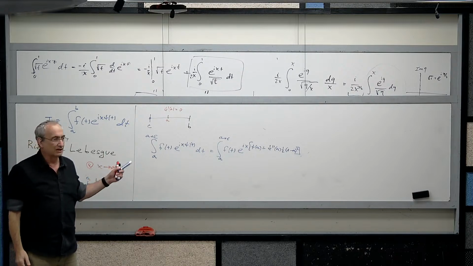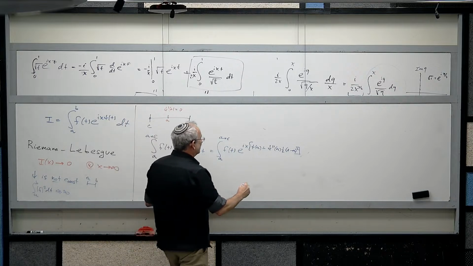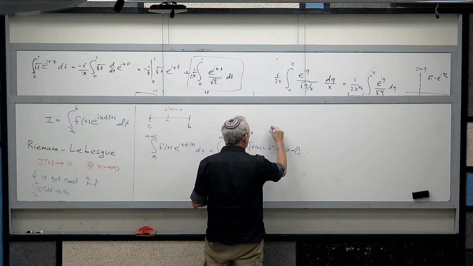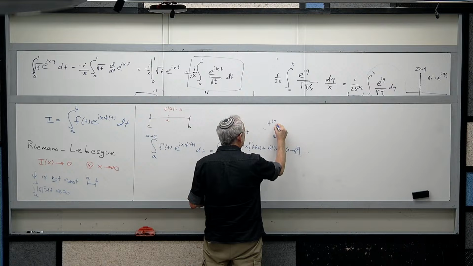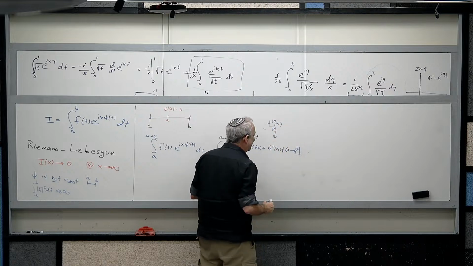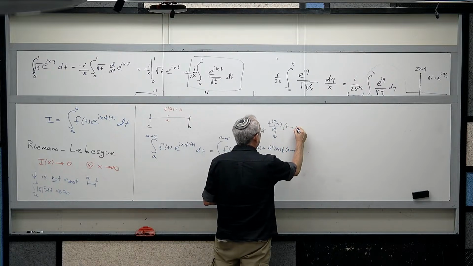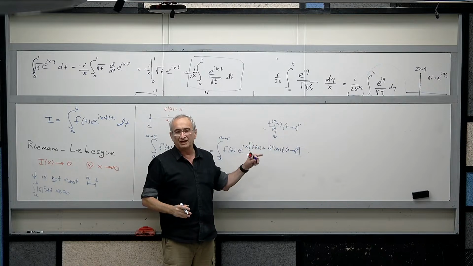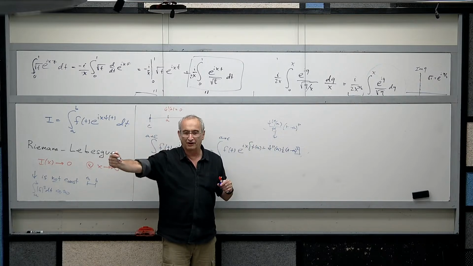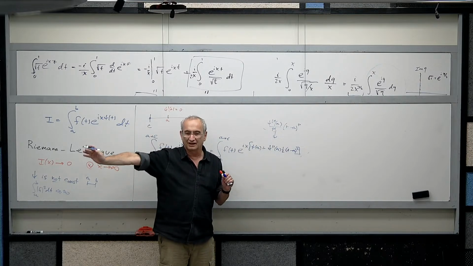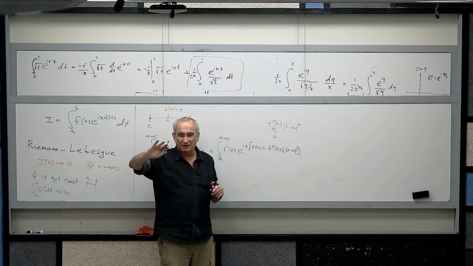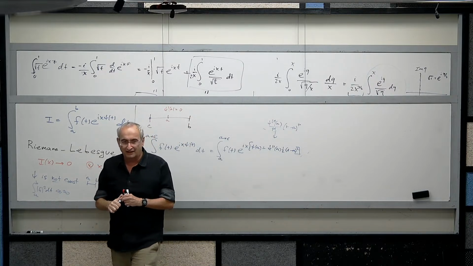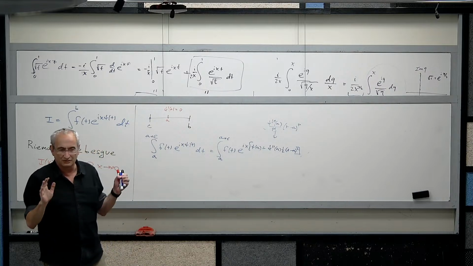So in principle, instead of psi double prime, I can write the p-th derivative at A times p factorial times t minus A to the power of p, where p is the first non-vanishing power in the expansion of psi around A. It may be even or odd, I don't care.